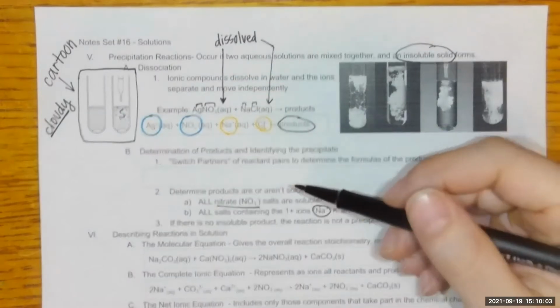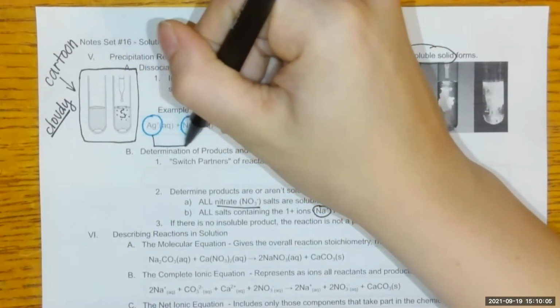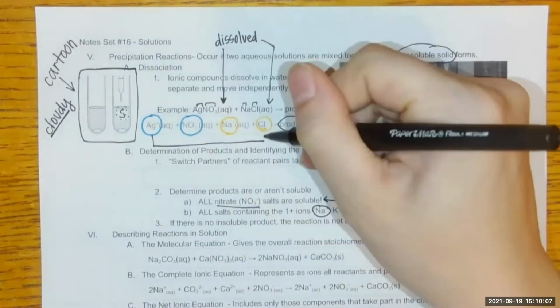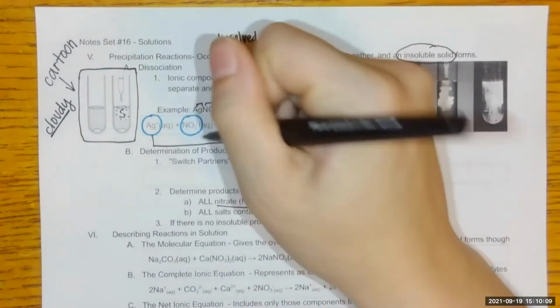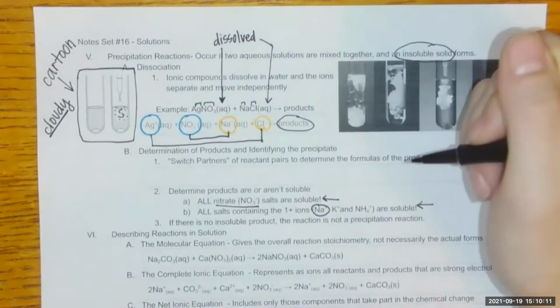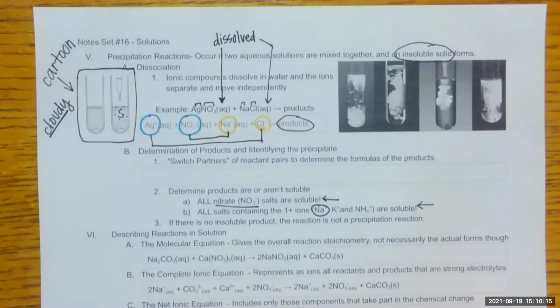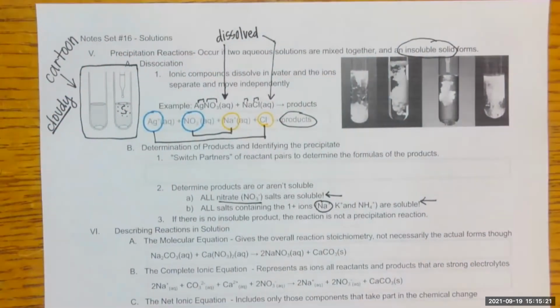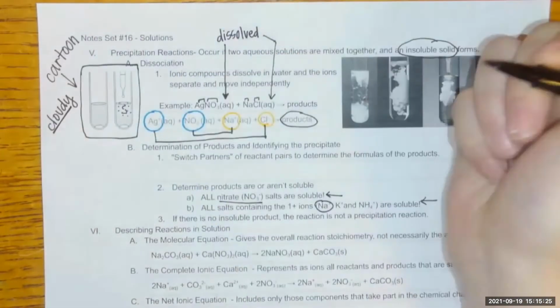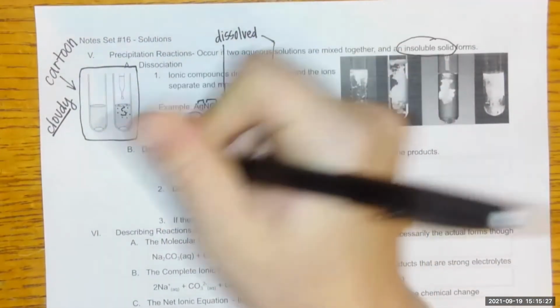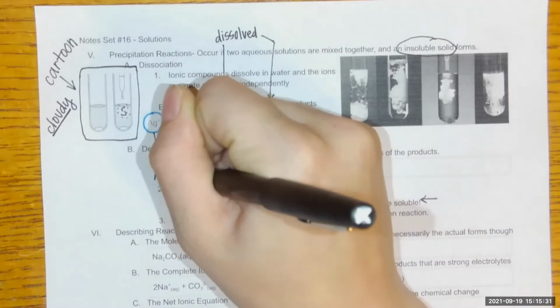And we're going to put the silver positive with the chlorine negative. We're going to put these together. So AgNO3.